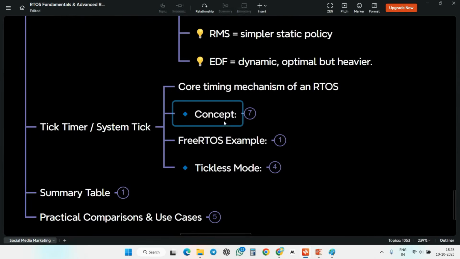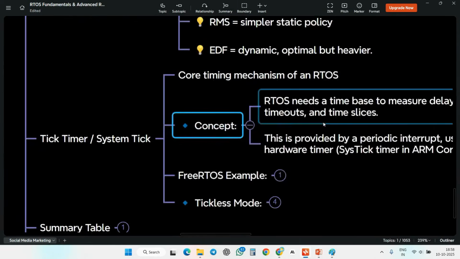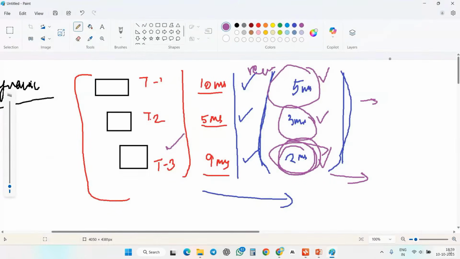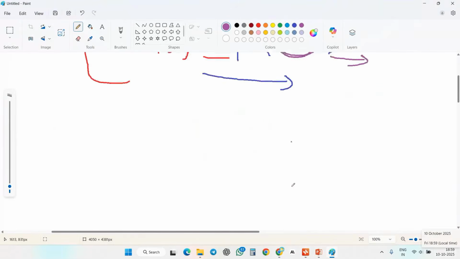So the concept is, first of all, the RTOS needs a base time to measure delays, timeouts, and time slices. Because if I have a clock on my laptop, only then can I see the time and do my work based on that. The same is required for your microcontroller and operating system.